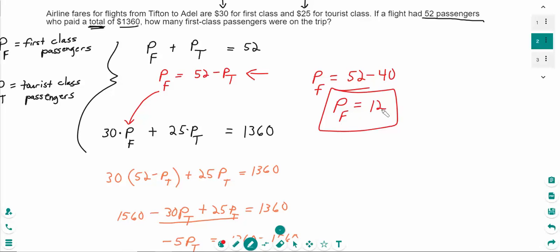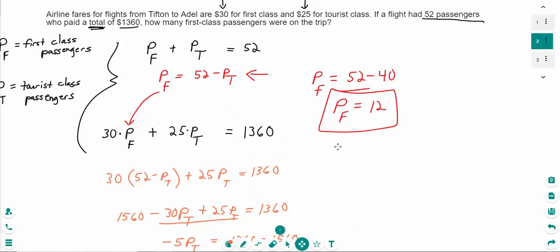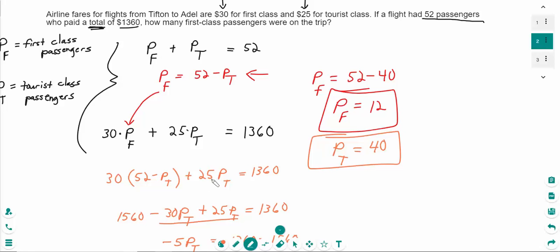So we have 12 first-class passengers, and maybe I'll write it up here so that we can see it, 40 tourist class. Okay? And again, that does add up to 52 total passengers. And if we were to plug these in, the cost should come to 1,360. Okay? So there you go. That's how we would work these.